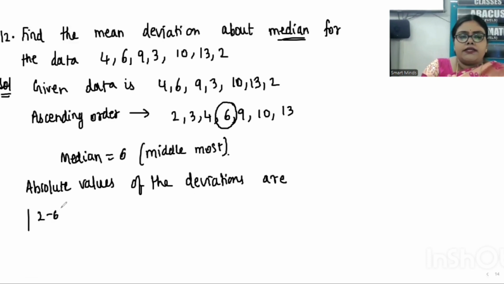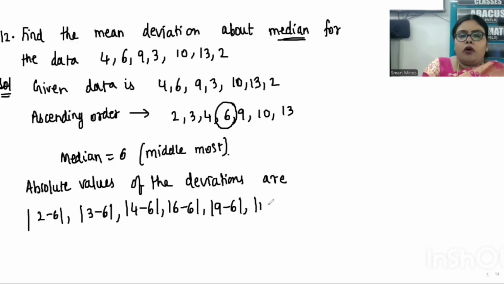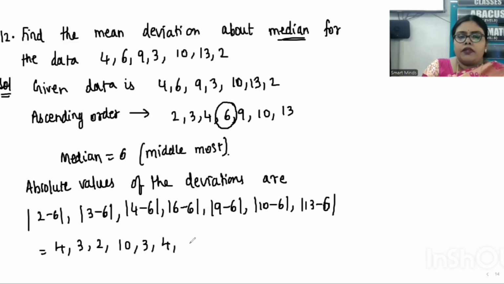So mod 2 minus 6, mod 3 minus 6, mod 4 minus 6, mod 6 minus 6, mod 9 minus 6, mod 10 minus 6, mod 13 minus 6. So 2 minus 6 is 4, 3, 2, 0, 3, 4, 7.